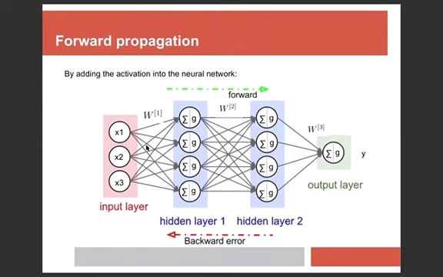The diagram shows a 3-layer neural network. Usually we don't count the input layer, so 2 hidden layers plus 1 output layer. To make it clearer, we also add the notations of the weight parameters between 2 layers.